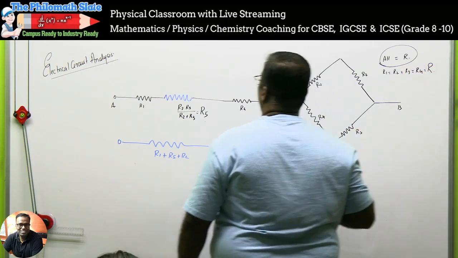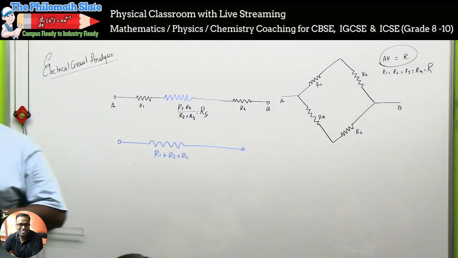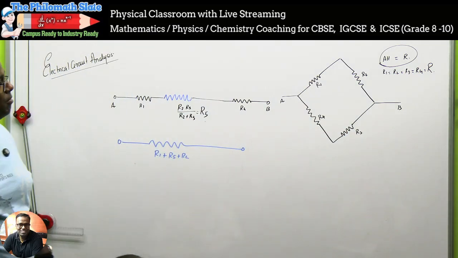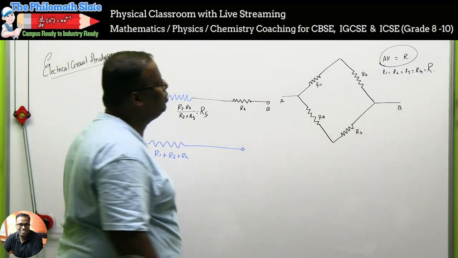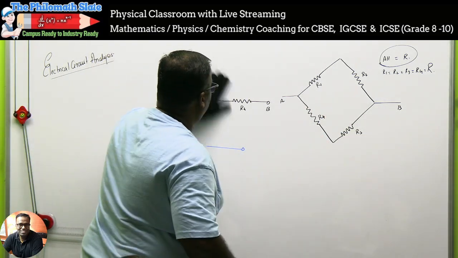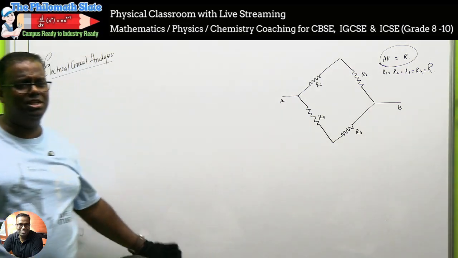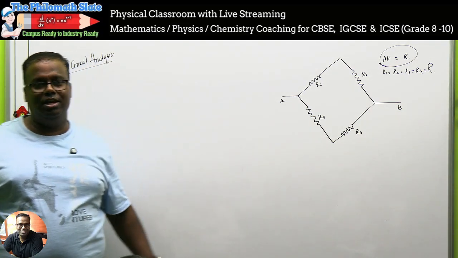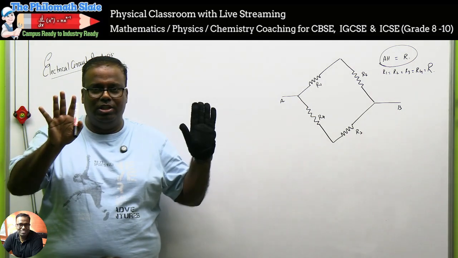All are equal to R. R1 and R5 तो नहीं है ना. R1, R2, R3, R4. ये क्वेश्चन ओवर. हाँ, अब इसको कैसे सॉल्व? ये पजल है, सुडोकू पजल जैसा. इसका ओवरऑल रेजिस्टेंस बताइए.